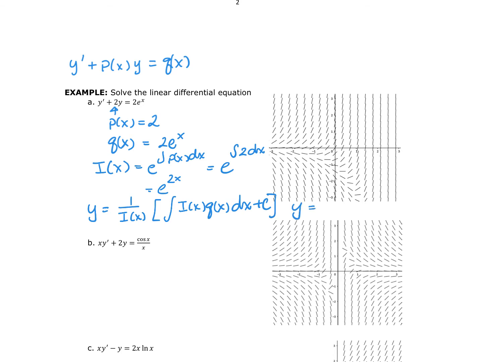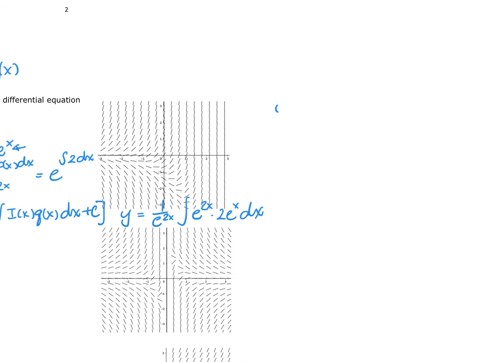So my y must be equal to 1 over e^(2x), the integration of e^(2x) multiplied by my q of x, which is 2e^x. This is my q of x dx. So then y is equal to 1 over e^(2x), the integration of 2e^(3x) dx plus c.